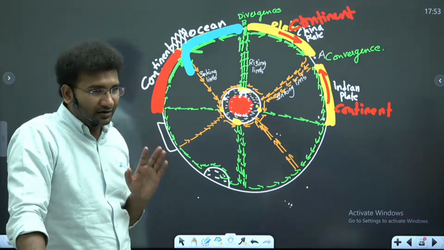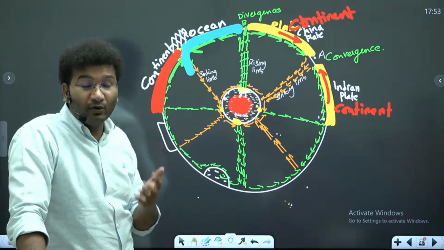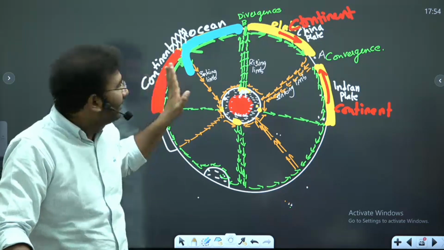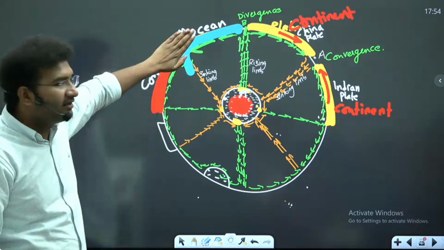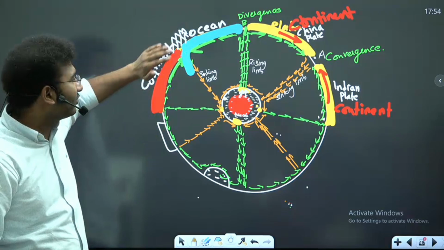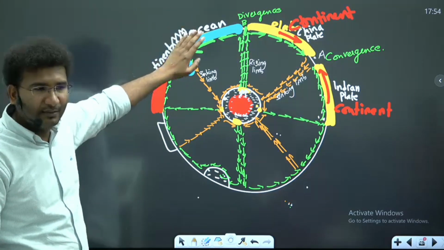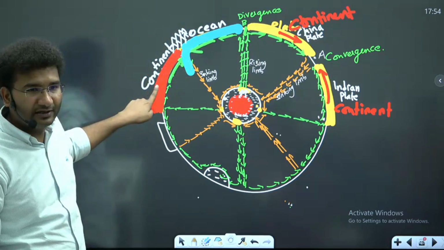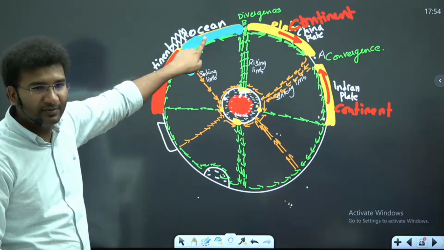Right? Now, I wanted to tell you one more process which is happening at this juncture. Okay? Can I explain this? Now, I am also entering into plate tectonics. I will be explaining the concept of plate tectonics and the mantle convectional cell theory together. So, can I call this a continental plate? Can I call this an oceanic plate?